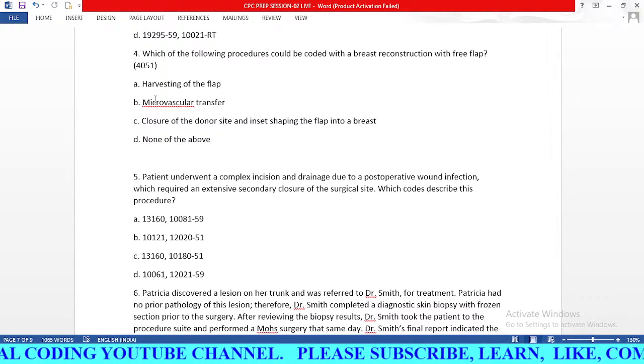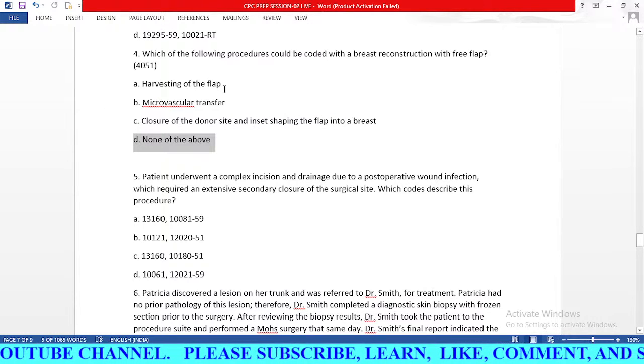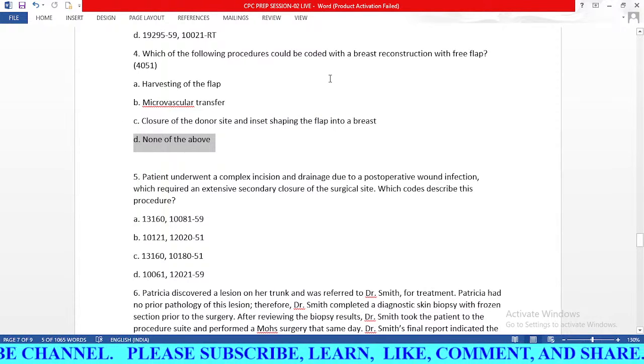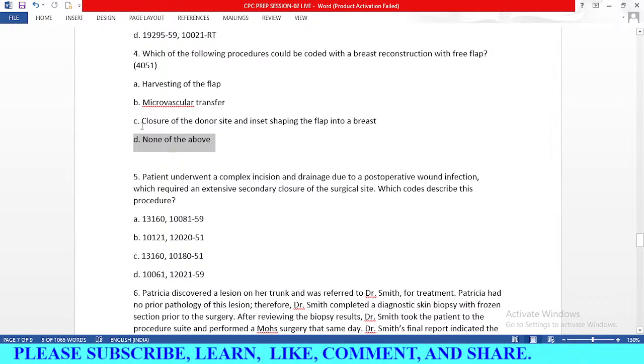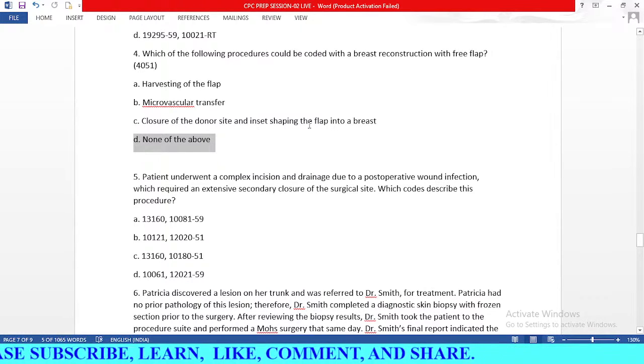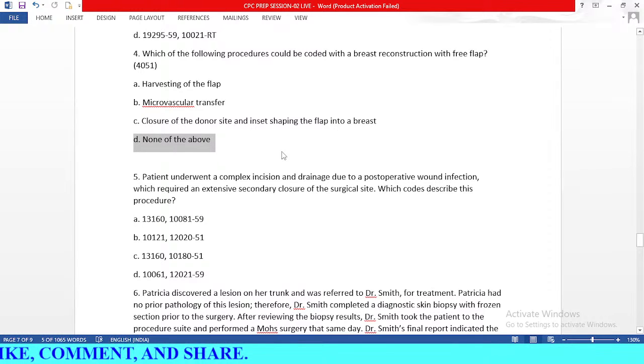Here the answer is none of the above. Why? Harvesting of the flap is included in the code, microvascular transfer is also included, closure of the donor site and inset shaping of the flap into breast is also included in the breast reconstruction with free flap. So we can't code any other code along with this code.